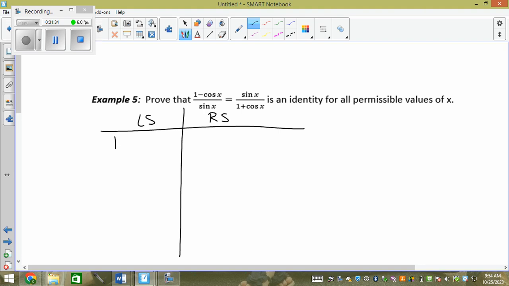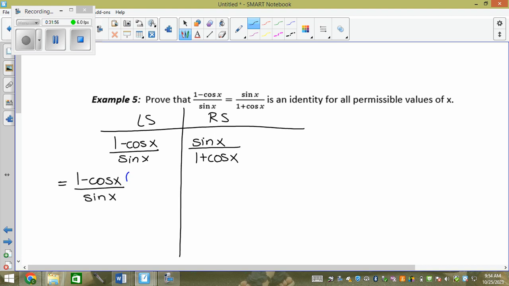1 minus cos x over sine x. And then I get sine x over 1 plus cos x. So I can either take the 1 minus cos or the 1 plus cos, either one. I'm going to go 1 minus cos x over sine x, and I'm going to multiply by the conjugate, 1 plus cos x.